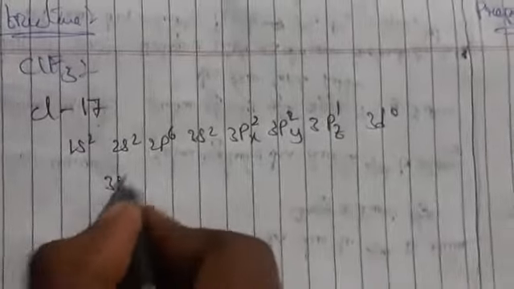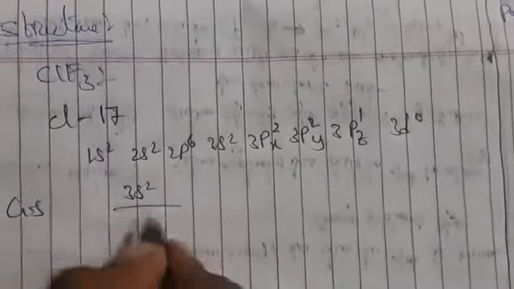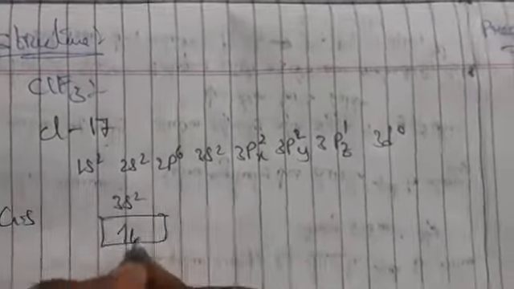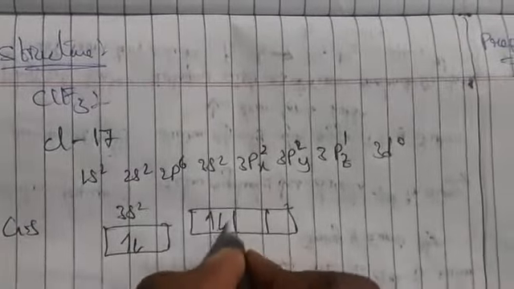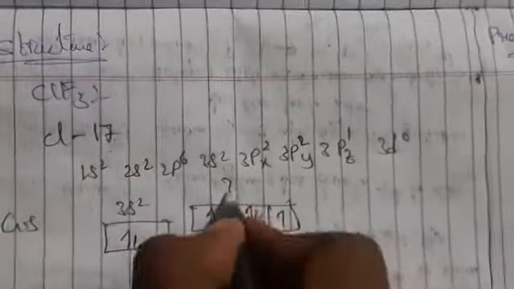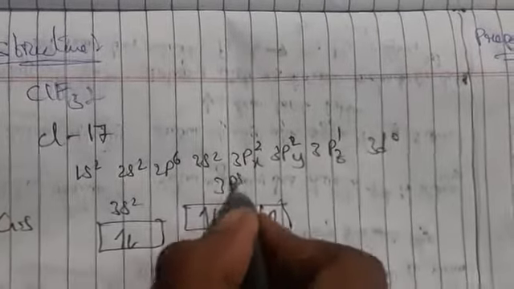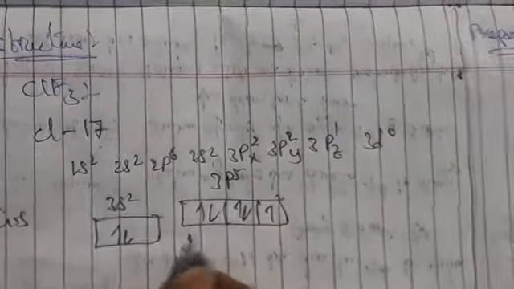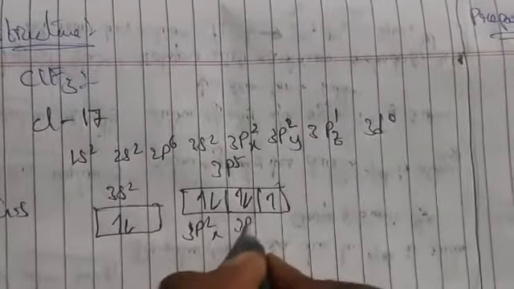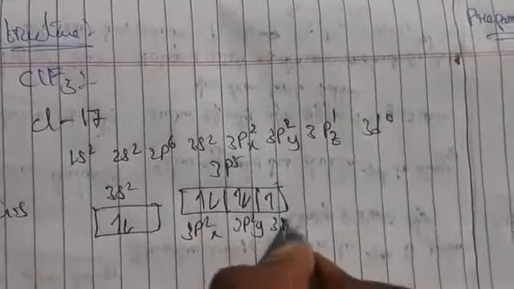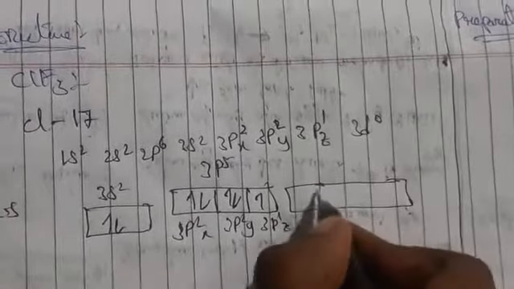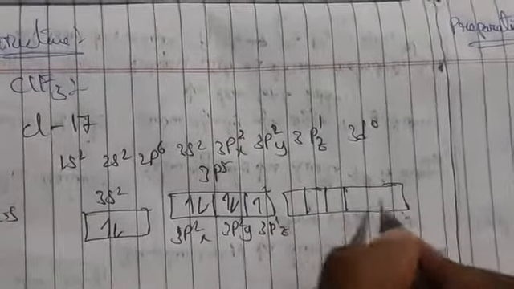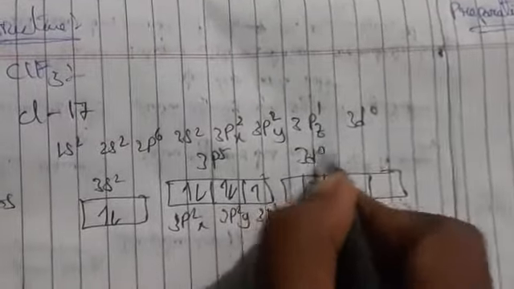In the ground state, the s orbital has 2 electrons, and the p orbital has 5 electrons, that is 3p5. The d orbitals are 5 orbitals, 1 2 3 4 5, that is 3d equals 0.